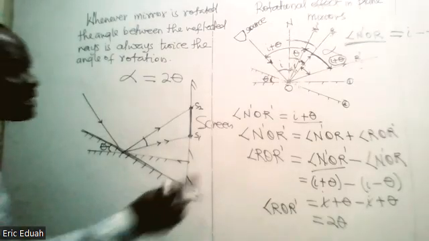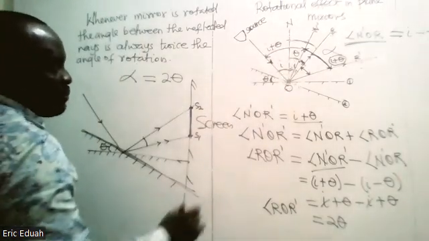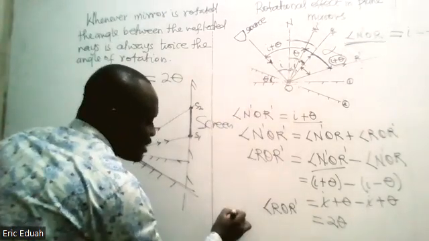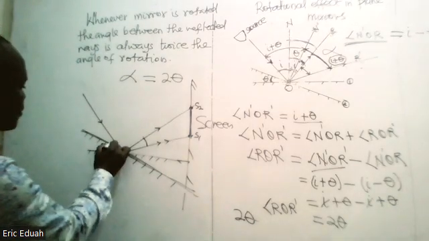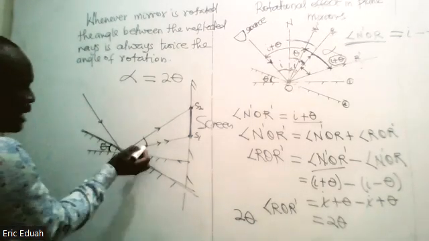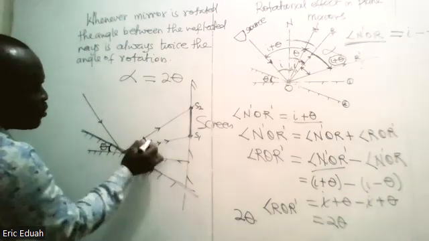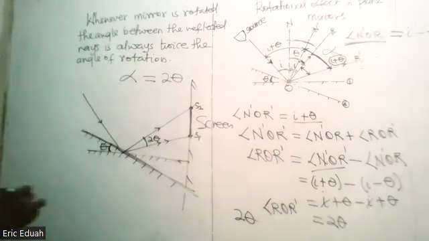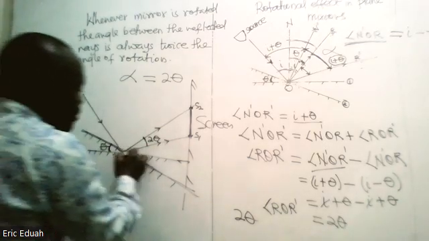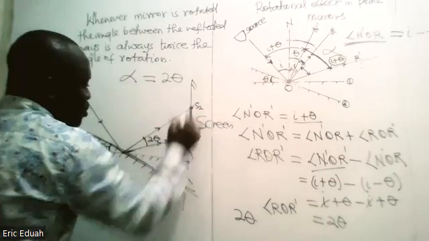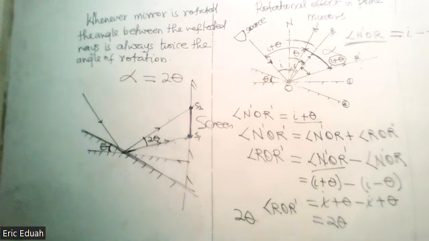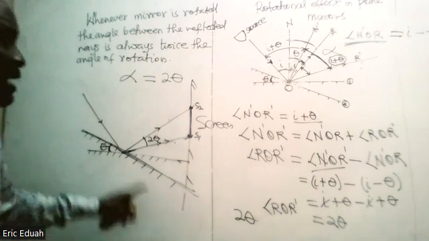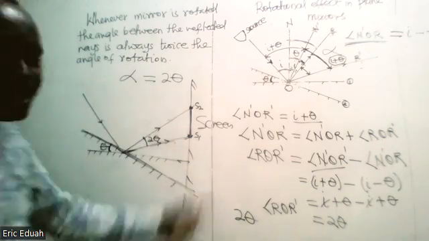And that is what we are saying: when you rotate a mirror, the angle between the reflected rays is always twice the angle of rotation. So if the angle of rotation is given to you as theta, then the angle between this and this would be twice theta. Knowing one of these two, or any detailed information, you can easily calculate the distance between the spots. So this is how we apply the concept of rotation of a mirror in questions.